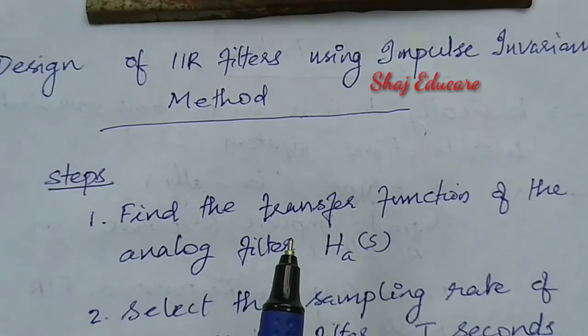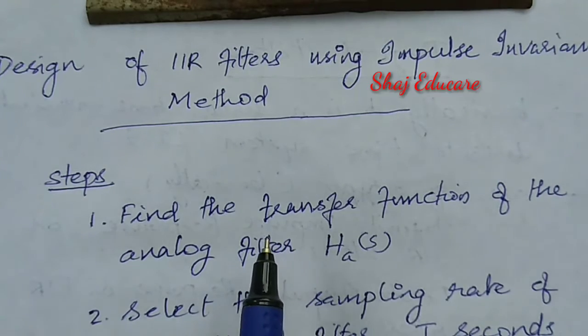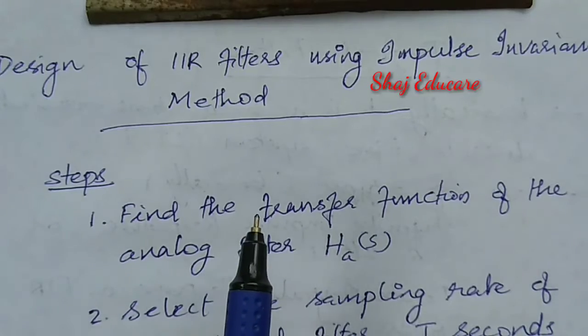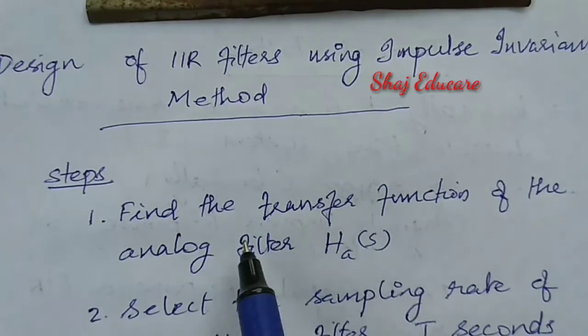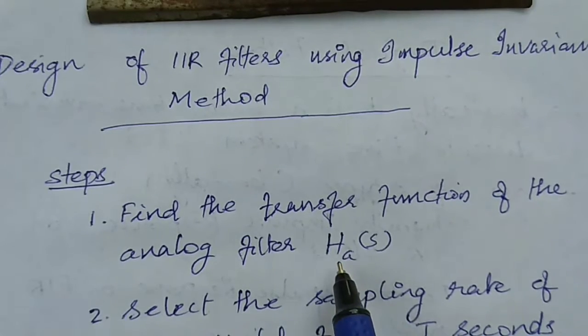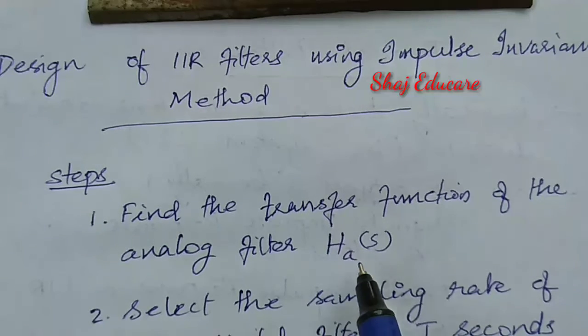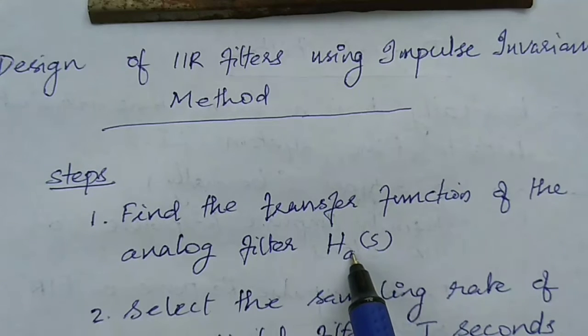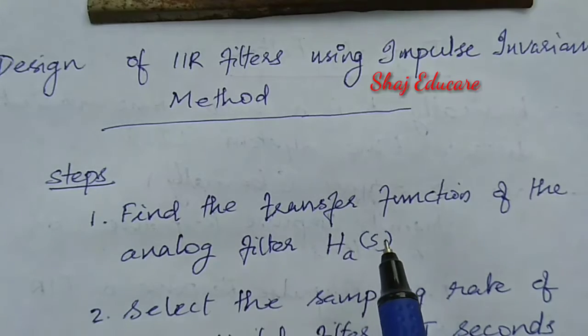All these factors have to be considered while designing a filter. Based on this specification, first we have to design the analog filter, and the transfer function of the analog filter is denoted by Ha(s). Here small letter a stands for analog and s means Laplace transform.